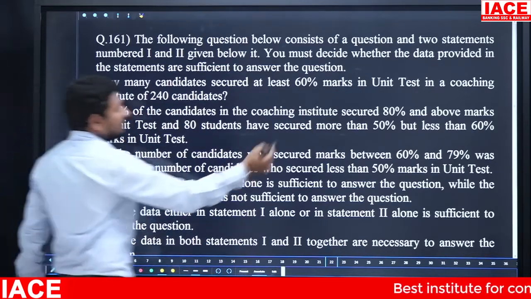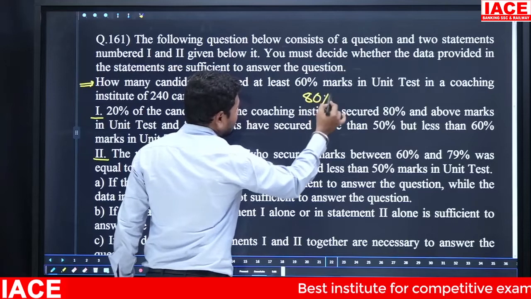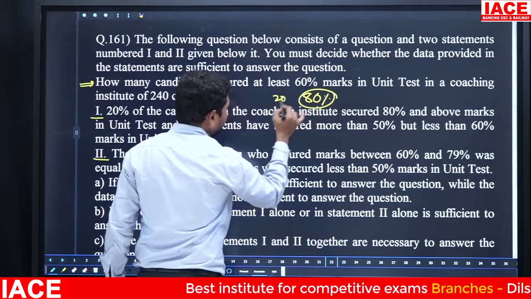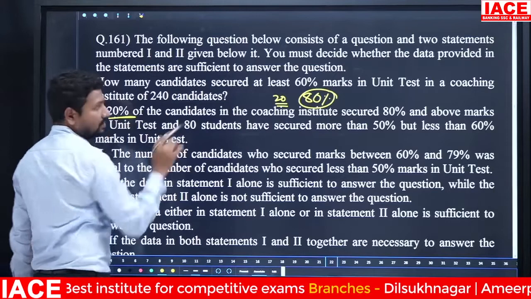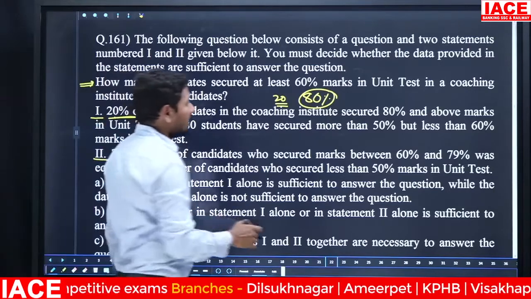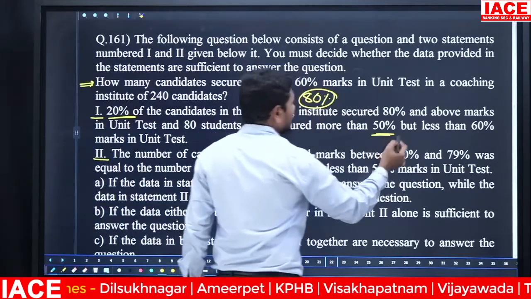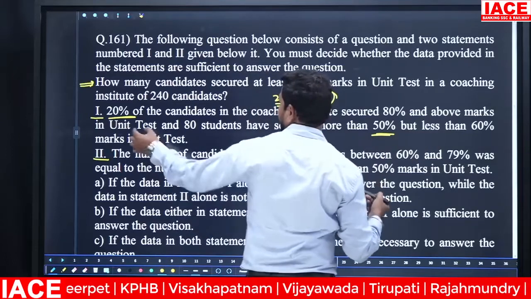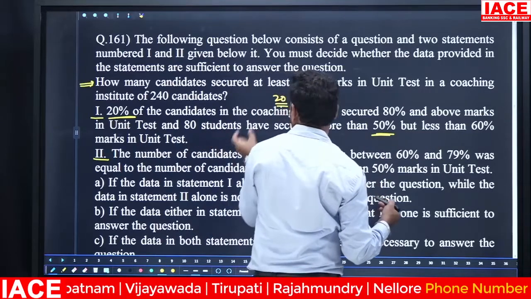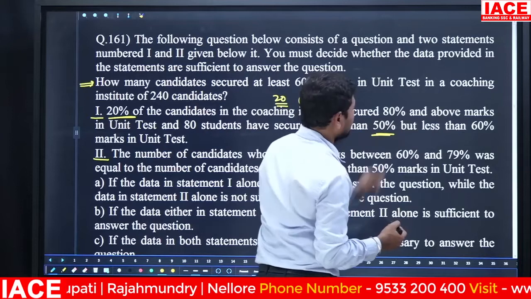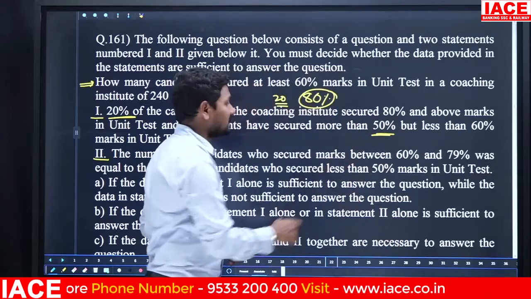Here 80% value is mentioned. 20% means assume 20 members, overall 100 members.